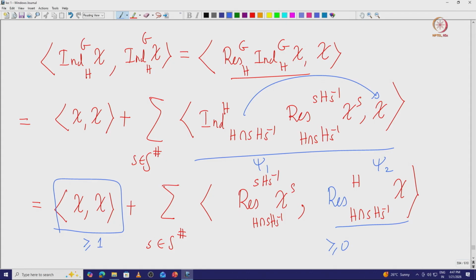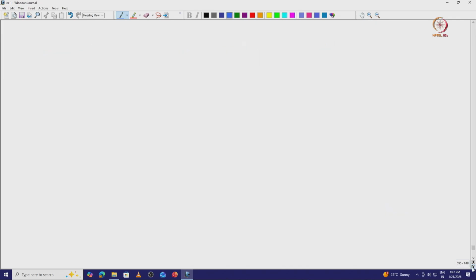So, the inner product of this is given by this sum of these non-negative terms, where the first term we know for sure it is greater than or equal to 1. So, now if we use this criterion of irreducible characters, so we know that the induction from H to G of chi is irreducible if and only if the inner product of this induction is supposed to be 1.